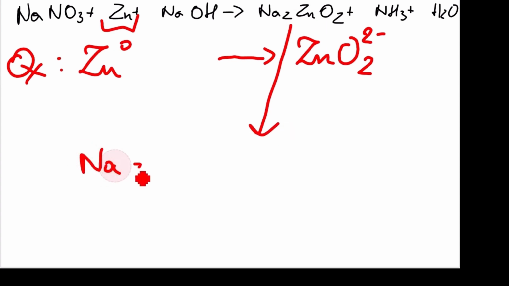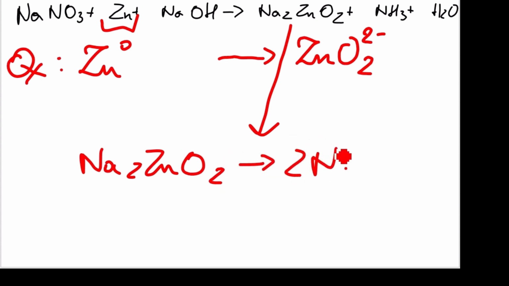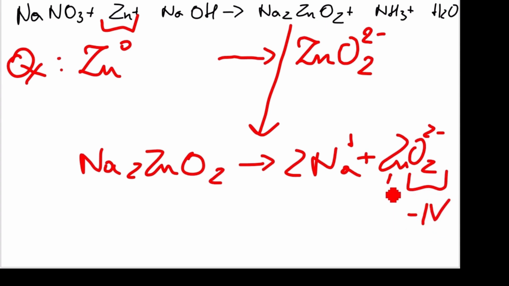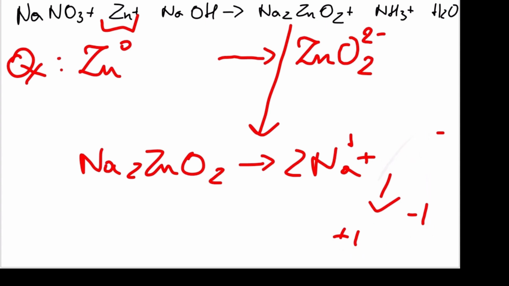In the water solution, this compound dissociates into two sodium ions and one zincate anion. The charge of this anion is equal to -2 because we have two oxygen atoms which give us -4 oxidation state and one atom of zinc which gives us +2. The overall charge of this zincate anion is equal to -2.